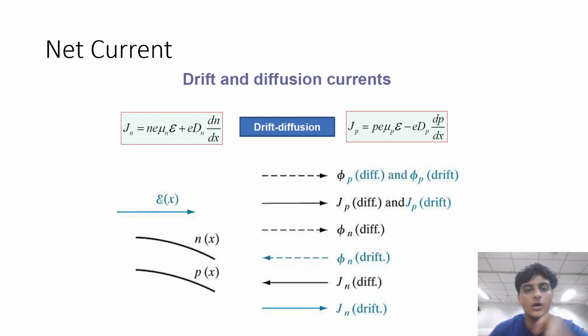So I've spoken now about drift and diffusion individually. Now I just want to help you derive the combined expressions for drift and diffusion. For that derivation, just setting up the context, there is an electric field that goes from left to right. As you all know, the drift current is due to the electric field. So the electrons will drift in the opposite direction of the electric field, and the holes will drift in the direction of the electric field.